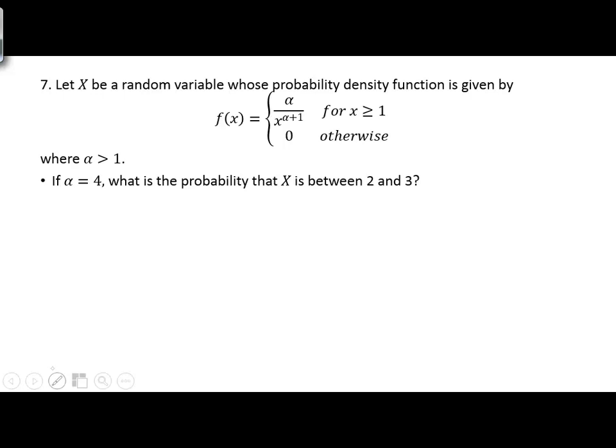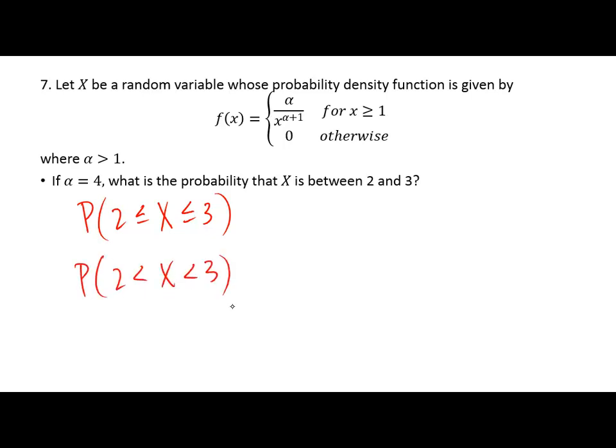Now let's set alpha equal to 4 and find the probability that x is between 2 and 3. So I want the probability that x is greater than or equal to 2 and less than or equal to 3. Does anybody have a problem if I write it either way?